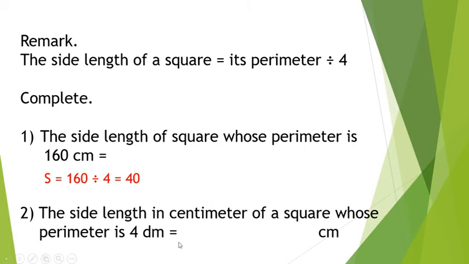Then the side length equal 40 divide 4 equal 10. This 4 is the 4 decimeter by 10 to convert from decimeter into centimeter. Why did I convert from decimeter into centimeter? Because he wants the length in centimeter. Right?